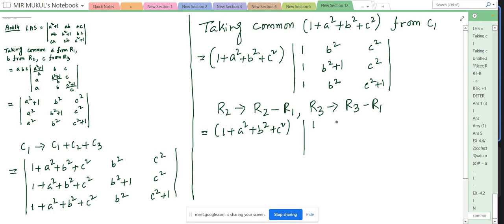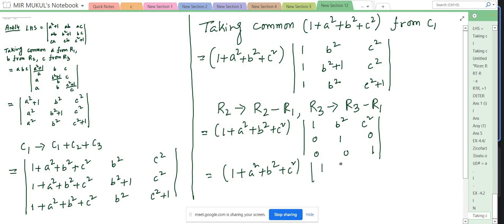And here 1, b square, c square. Here 0. If you subtract this, then 1 you will get. Here 0. Here 0. Here 0. Here 1 you will get. Since these two elements are 0, then you will take the minor of 1 only. So a square plus b square plus c square, we will get 1, 0, 0, 1. So this value is 1.